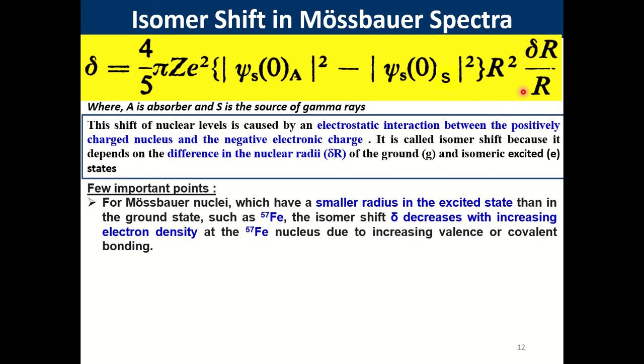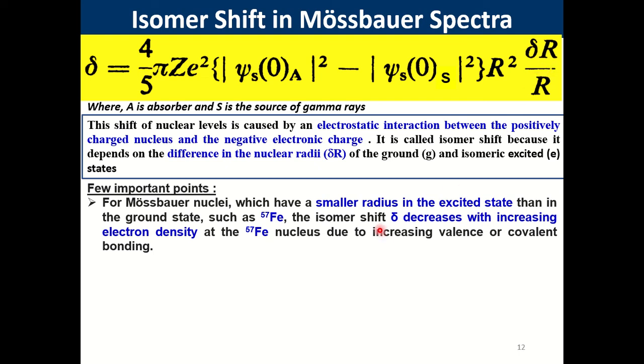One is the change in electron density at the nucleus of the absorber with respect to the source. And the second is the change in the radius of the nucleus in the excited state with respect to the nucleus in the ground state.